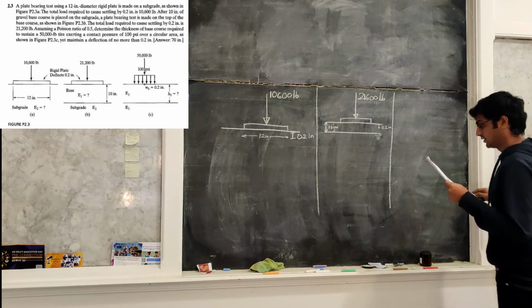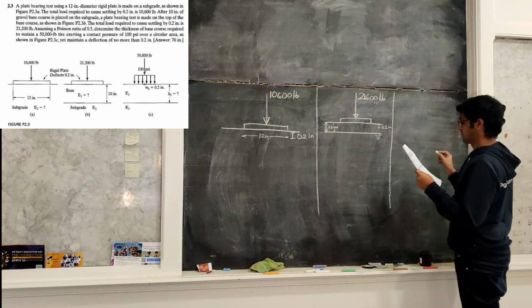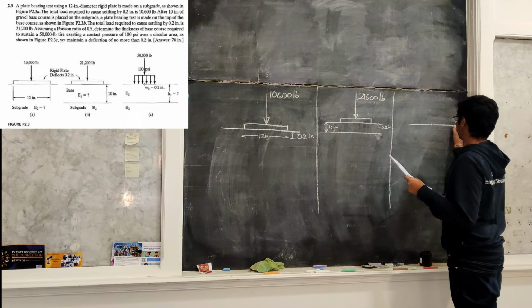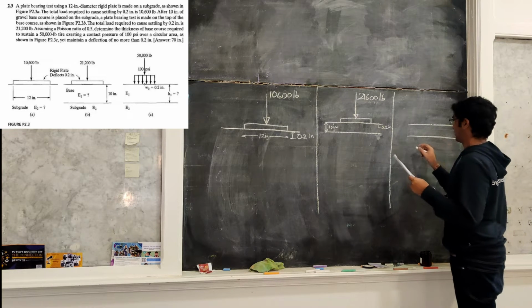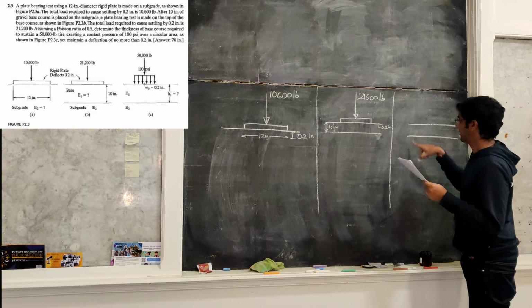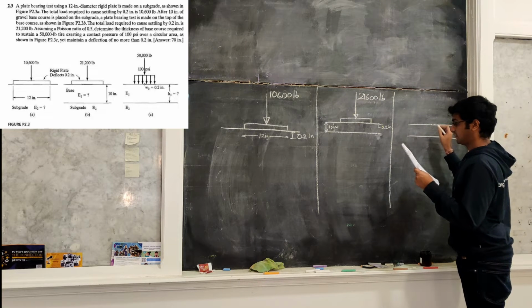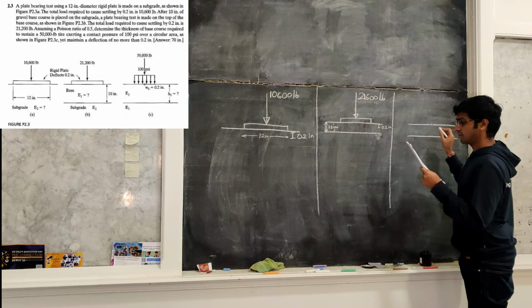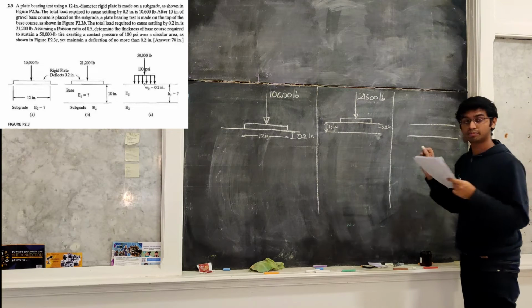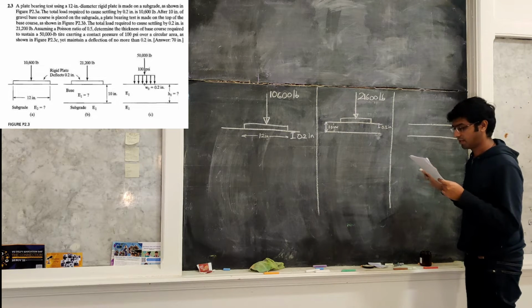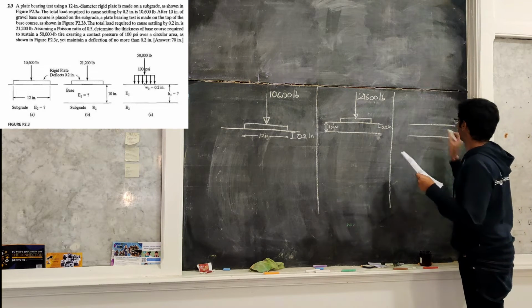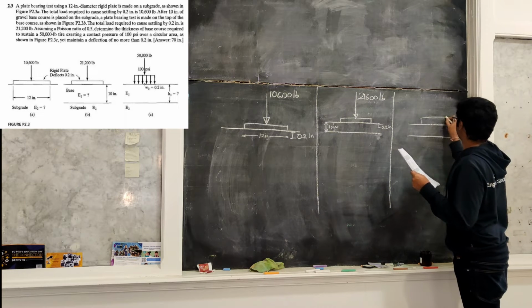Third scenario is the same, we have the subgrade, we use the same base material, and in this a 50,000 pound tire is placed with a contact pressure of 100 psi over a circular area. First, what is the tire pressure?